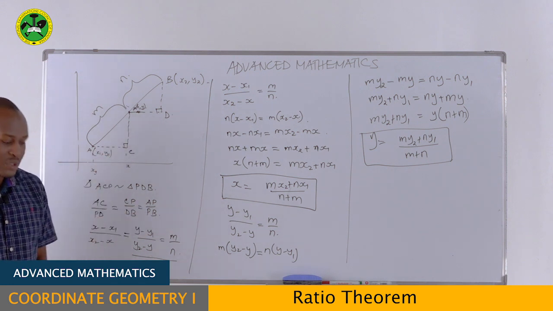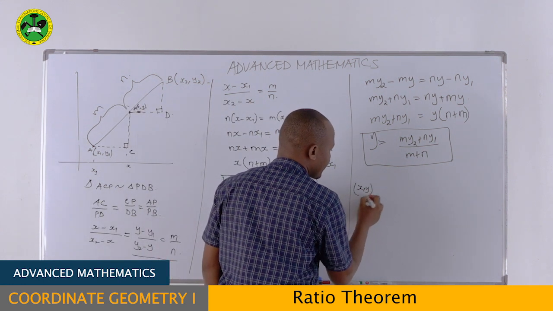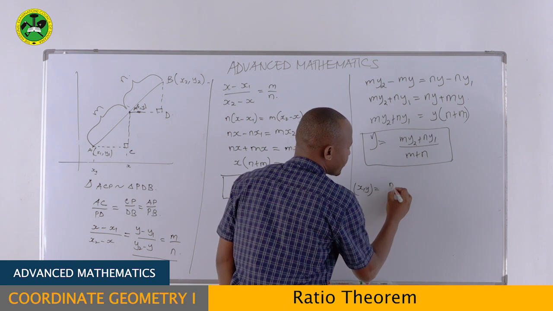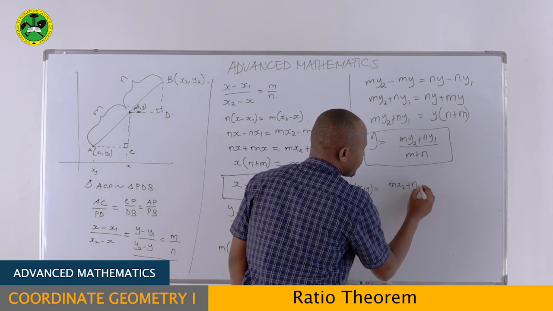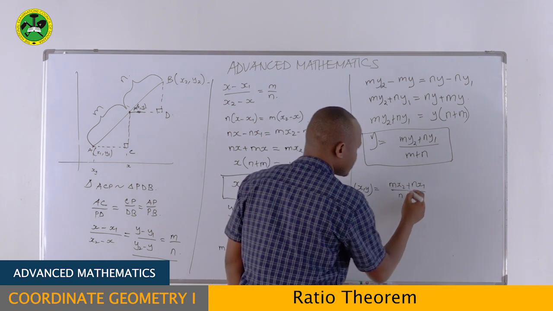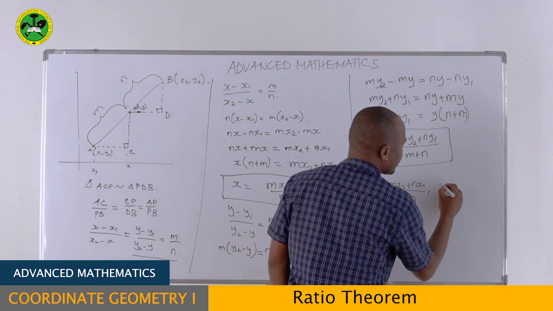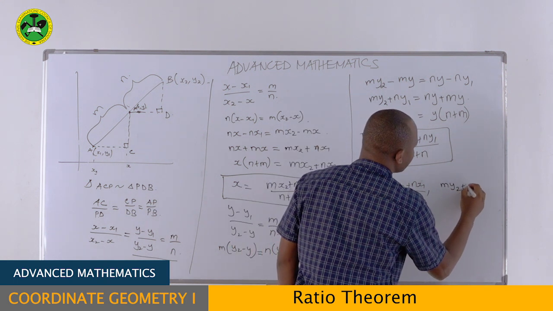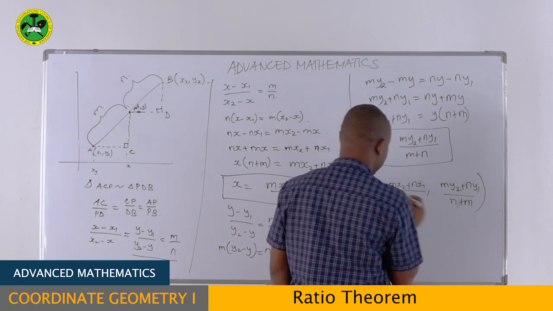So combining those 2 points, that means (x, y) equals to what? ((m x2 + n x1) over (n + m), (m y2 + n y1) over (n + m)).